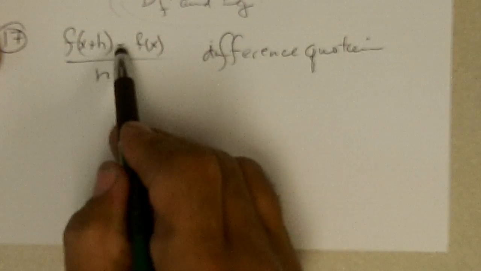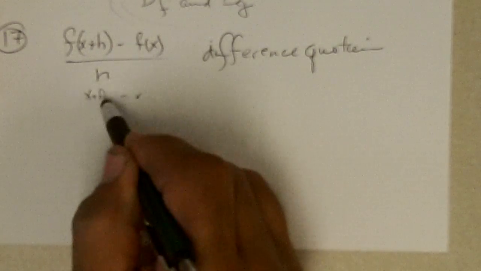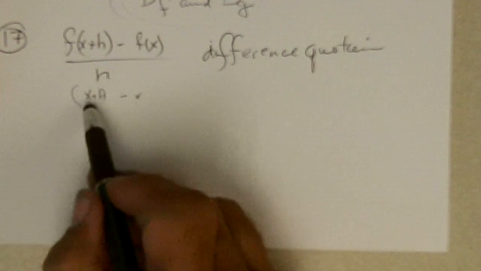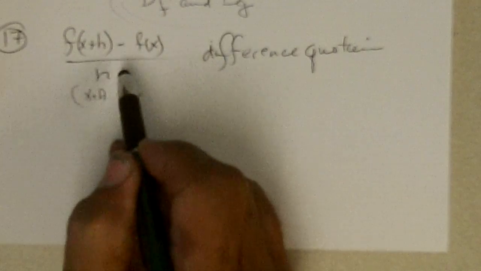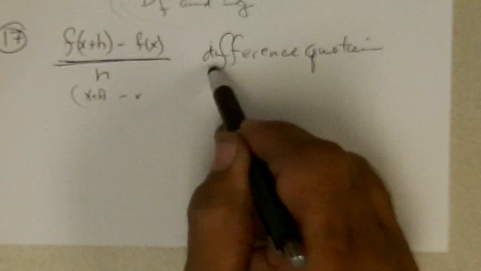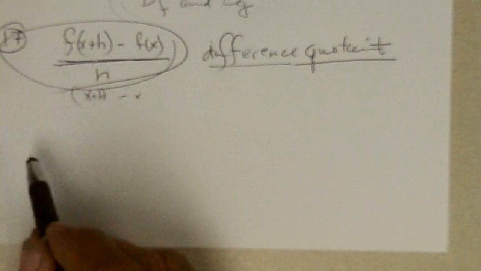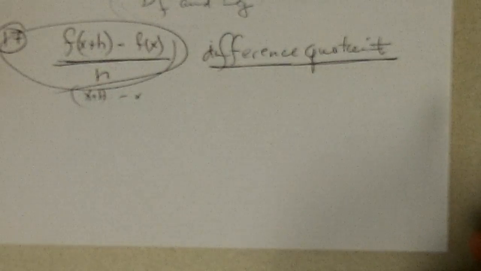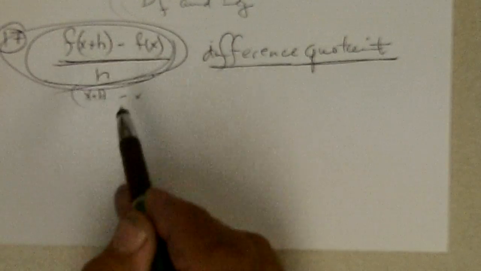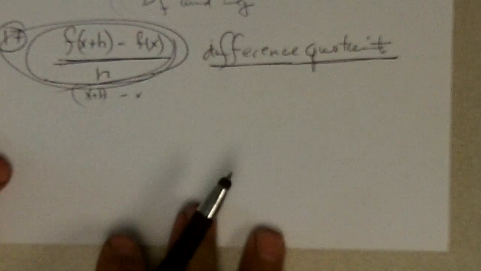Because we're subtracting here, and in the denominator we have x plus h minus x, we're finding the slope. So we're doing the differences and we're dividing, and when you divide, the answer is a quotient. So we call it the difference quotient. If I ever say on a test, find the difference quotient, you're going to do this process. And I have some problems on that for you to do.